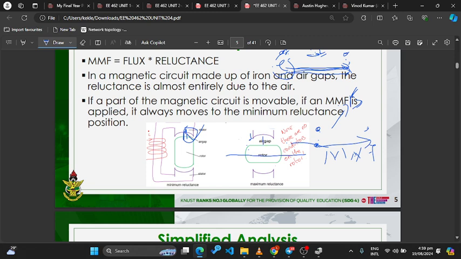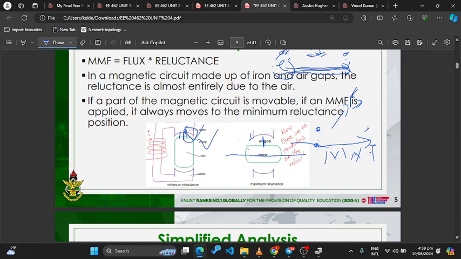Looking at the air gap between the rotor and the stator pole over here, then between the rotor and the stator pole over here, you can see that this one has less reluctance, because the amount of air gap you have is proportional to the amount of reluctance you have in your circuit. I hope that's clear.